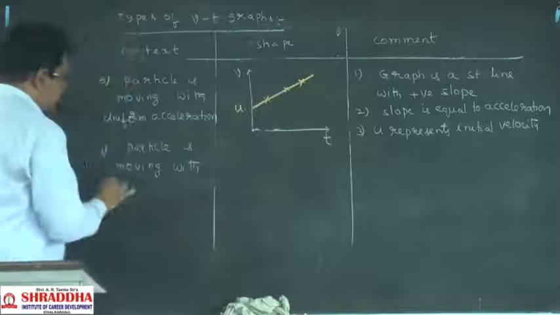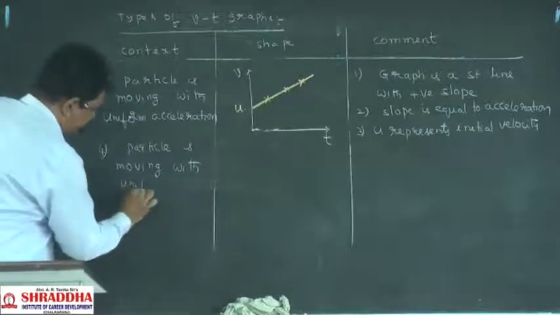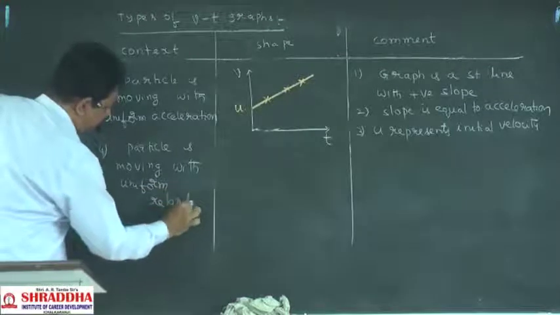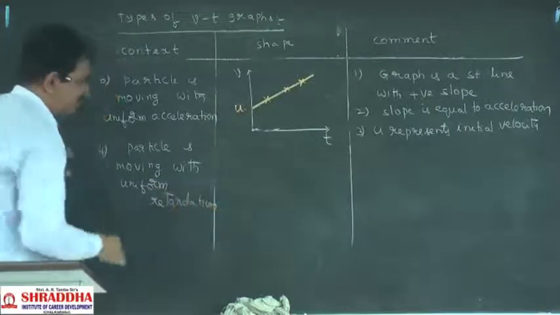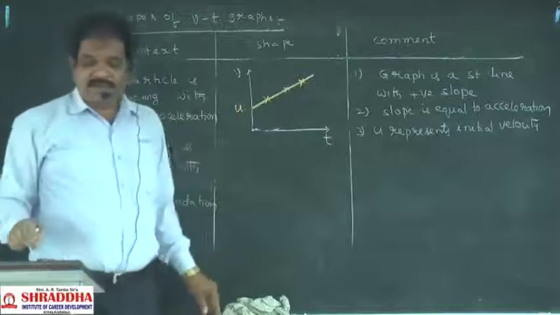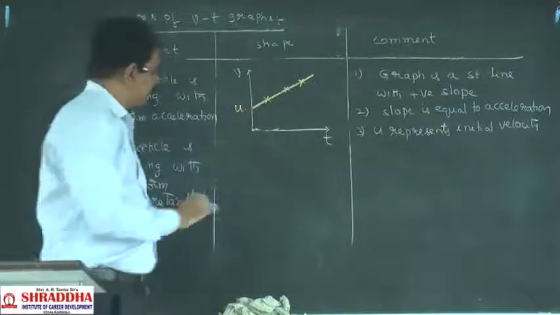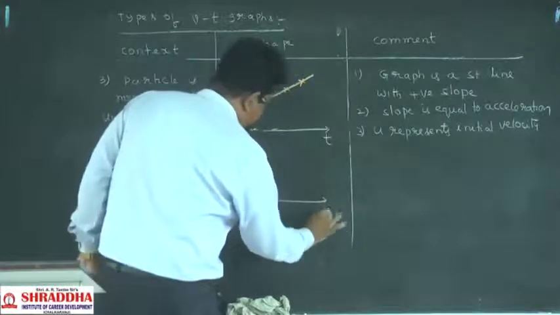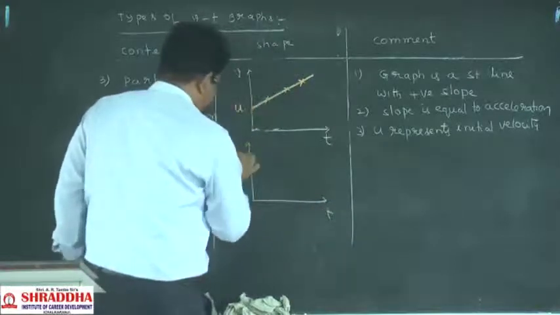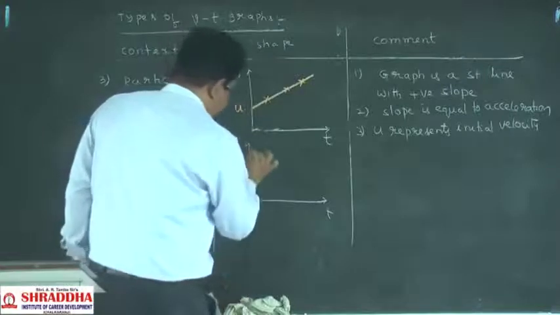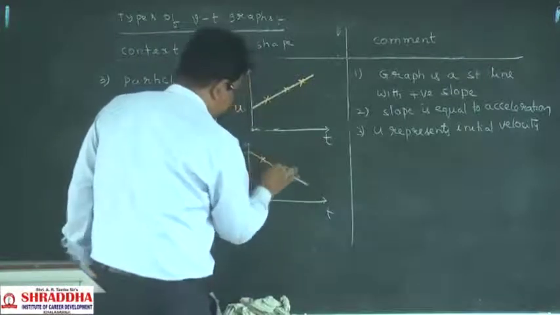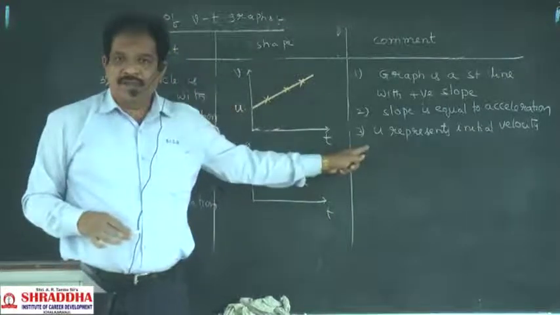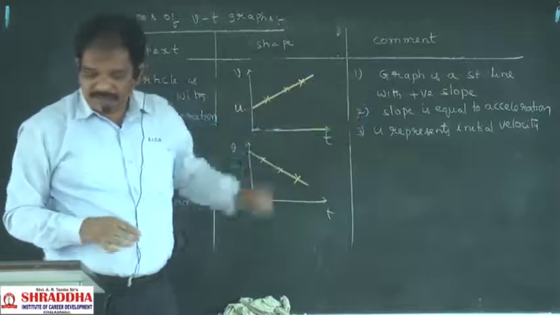Next. Particle moving with uniform retardation. Particle starts moving with uniform retardation. How the graph shape will be there means, it will be like this. Okay. Graph is a straight line with negative slope.